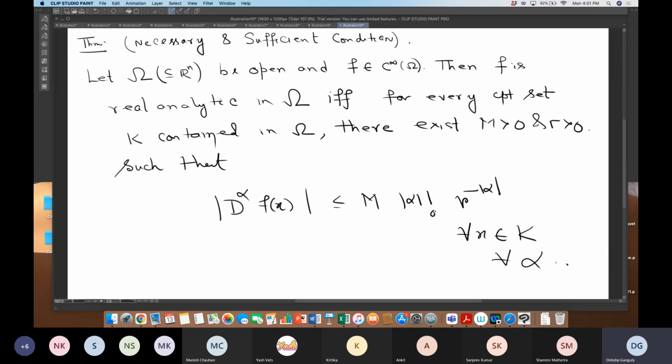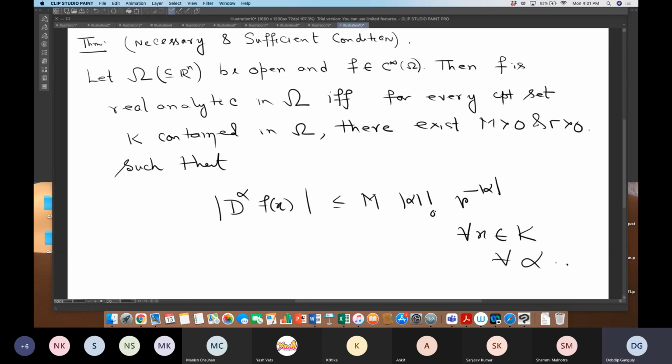This theorem says that. So earlier, just before the last lemma, what we have proved is that if the function is real analytic, we know it's a C infinity function, and the converse is not true. Now, this will give you a necessary and sufficient condition. Let omega be open and f is a C infinity function.